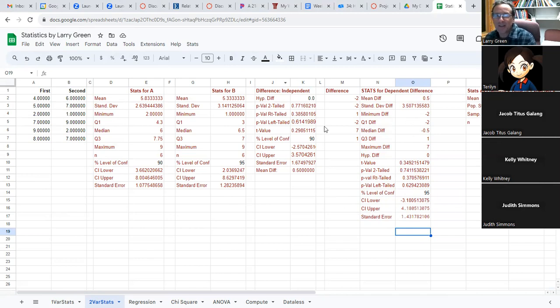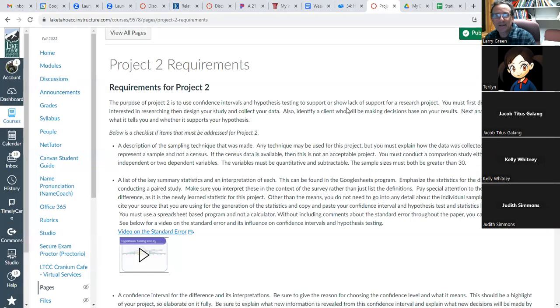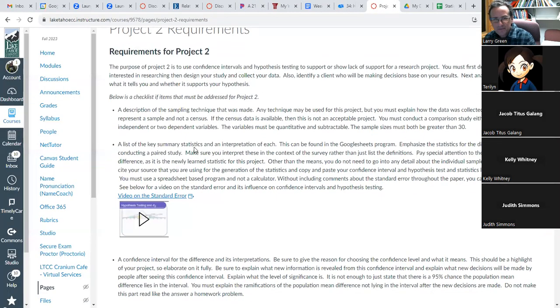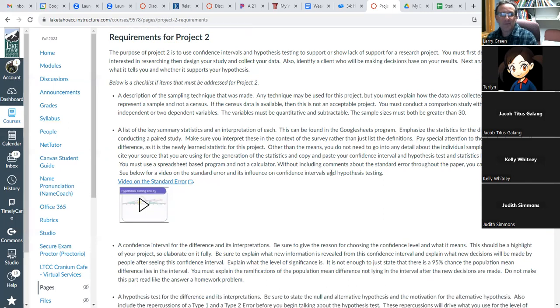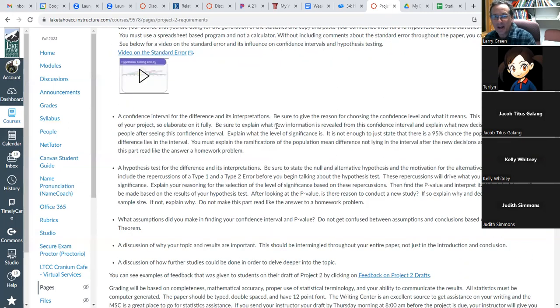Any questions on using the spreadsheet? Okay, so then let's go back. You should talk about the confidence interval. You should state the pros and cons after looking at the 90, 95, and 99.